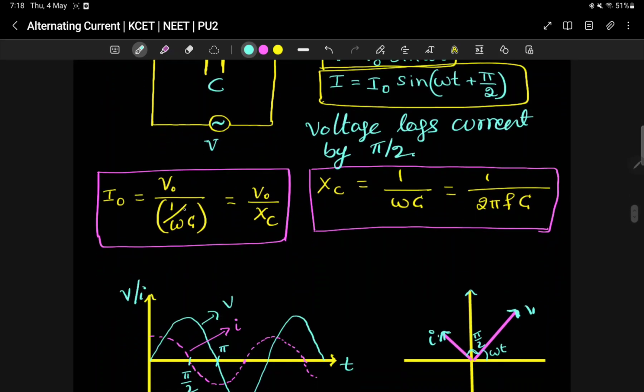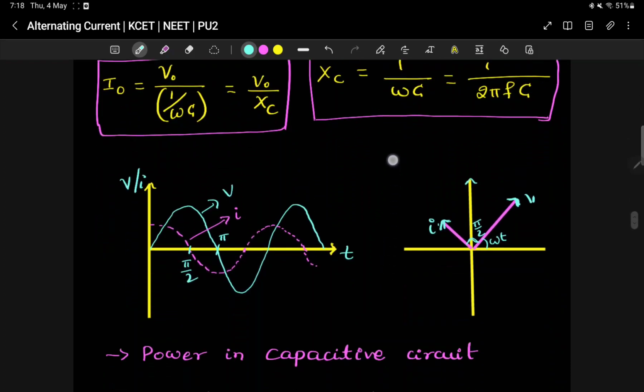So I0 is equal to V0 divided by 1 by omega C, that is equal to V0 by XC. So then we get this very important one.